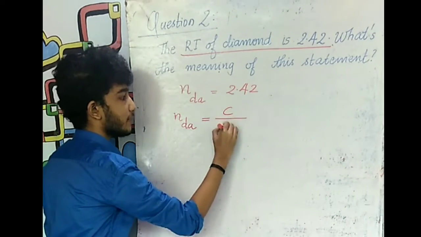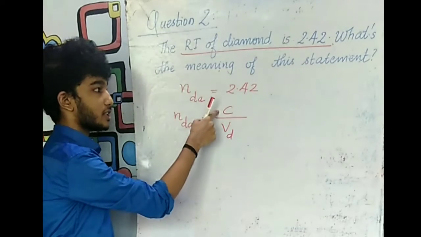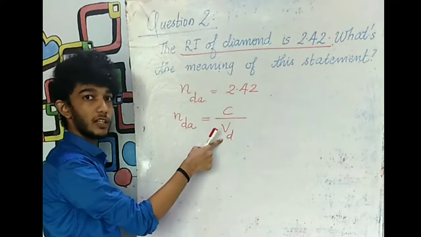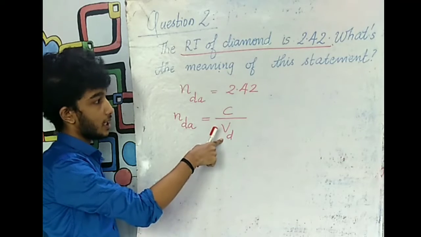So how can we write the refractive index of diamond with respect to air? It is equal to C by Vd, isn't it? Velocity of light in air divided by velocity of light in diamond.